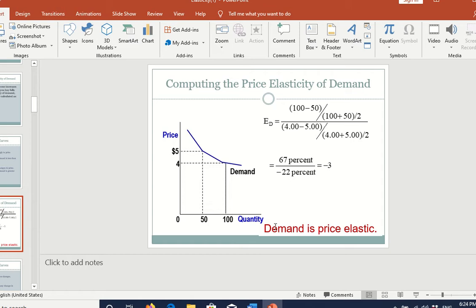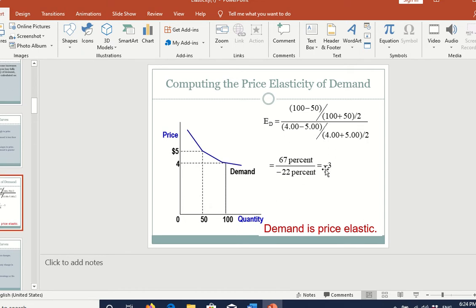So that means the demand is price elastic. Okay. So 1% decrease in the price leads to 3% increase in the quantity demanded in this case. Okay?